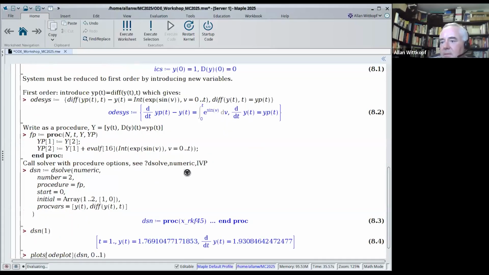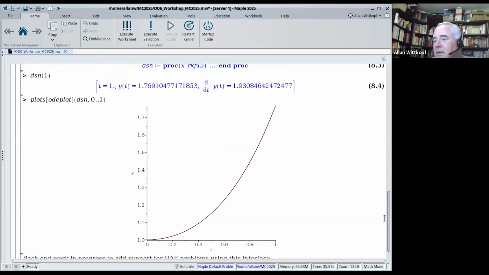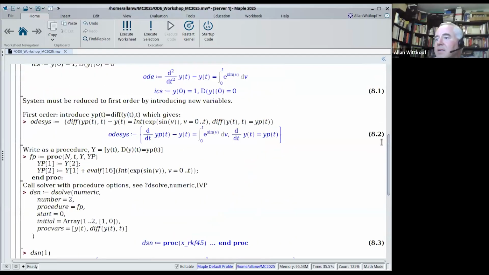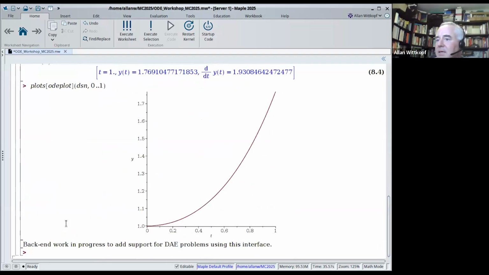And in this case, what's actually happened under the hood is this has done a whole whack of calls to int for various values of the t value for this integral. So it's essentially calling back into Maple's int to obtain this solution.